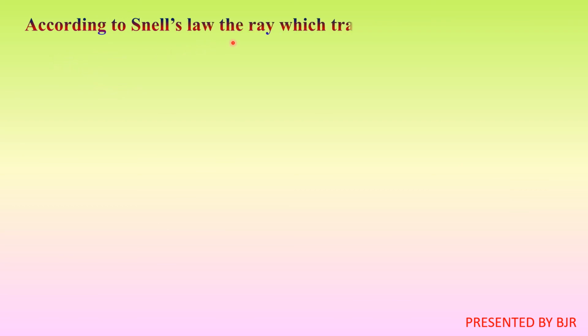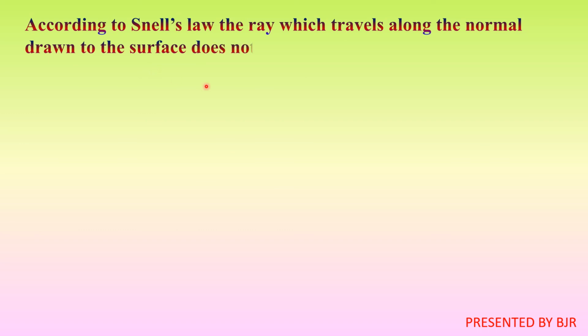And here the behavior of one more ray is showing. According to Snell's law, the ray which travels along the normal drawn to the surface does not deviate from its path.